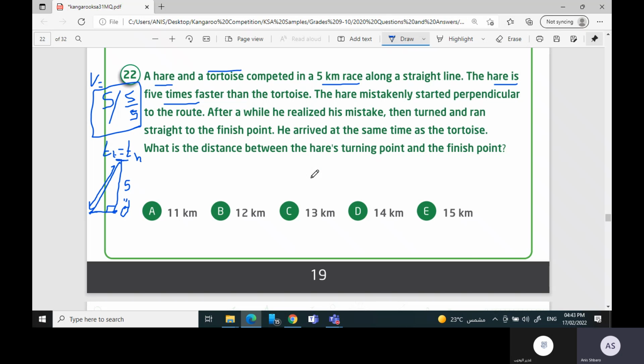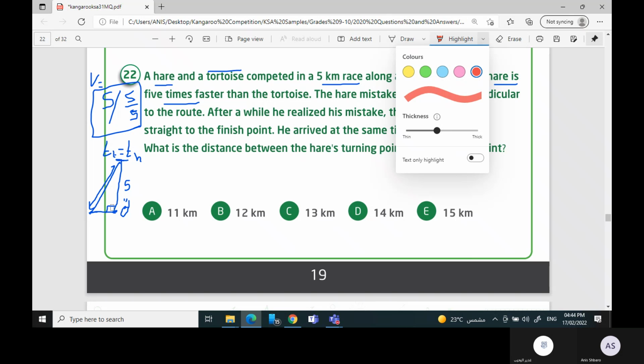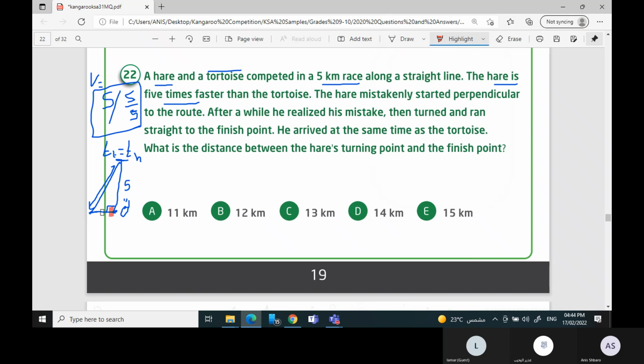Now, to be honest, to start with mathematics, I will think like this. So I can see it's a right triangle. One of them moved like this, one of them moved like this, and this. So let me just highlight this idea, because I want to distinguish between them both.